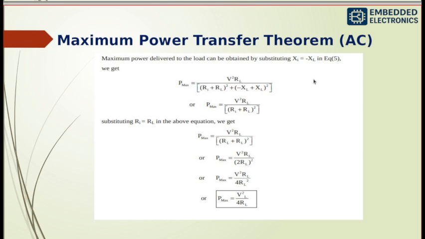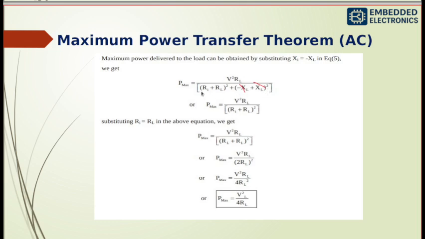We had the Pmax formula, right? You need to apply Xi equals minus XL. Where Xi is there, just replace it with minus XL. Then the equation looks like this. Now V square RL divided by (Ri plus RL) whole square, and minus XL plus XL will cancel, meaning it will become 0.